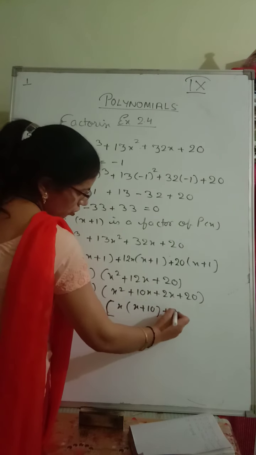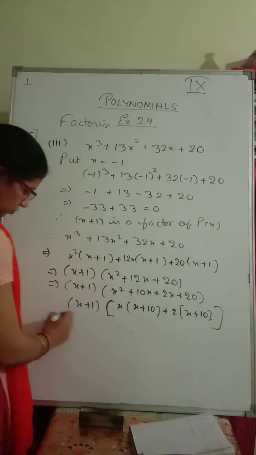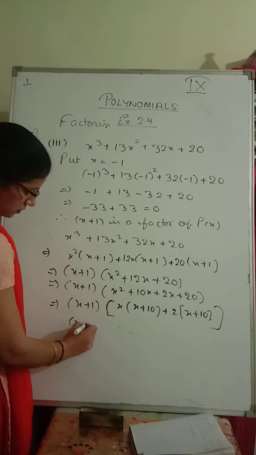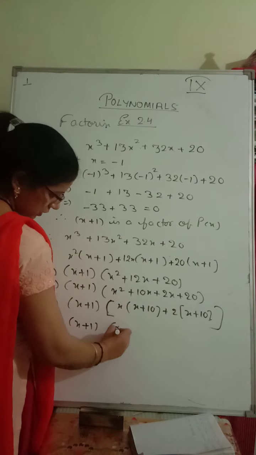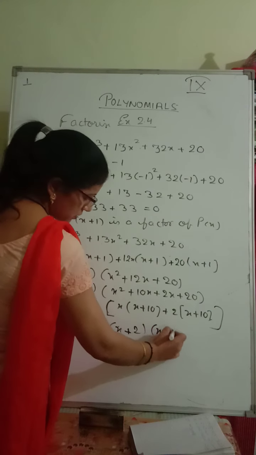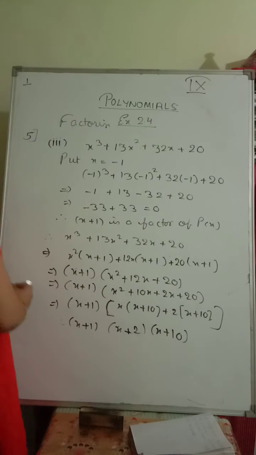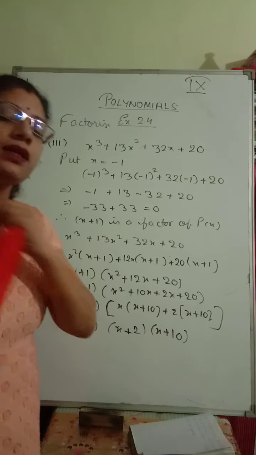From these two 2 is common, so x plus 10. So x plus 10 is common, and we get x plus 2. Okay, x plus 2 and x plus 10. Okay, so this is your answer, this is your solution.